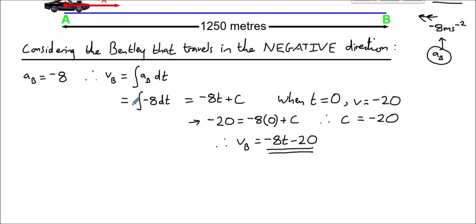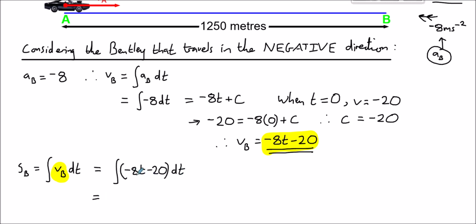Now we can work out an expression for the displacement of this Bentley. The displacement we can obtain by integrating the velocity with respect to time. Now we've just derived that the velocity of this Bentley is given by minus 8t minus 20, so we can integrate this with respect to time.